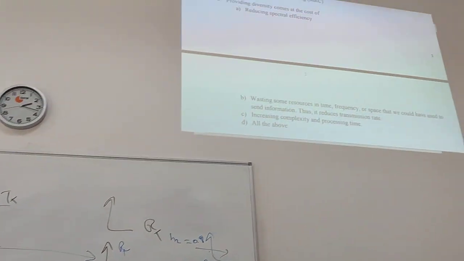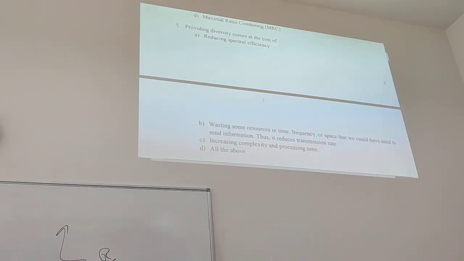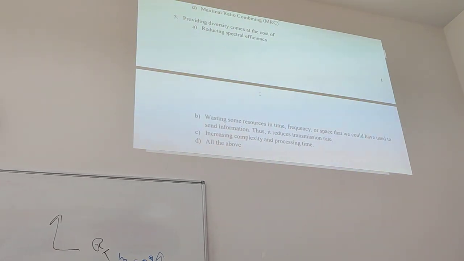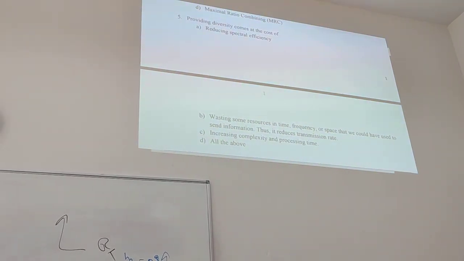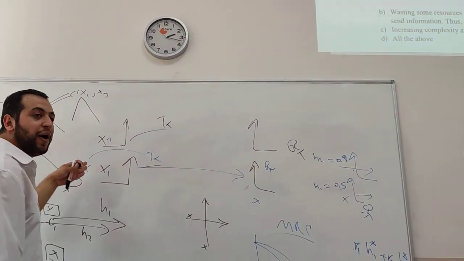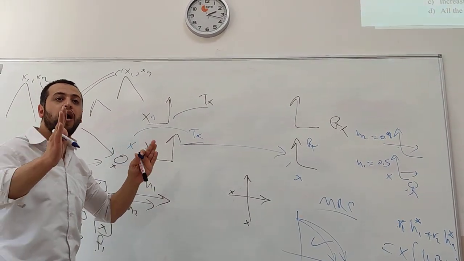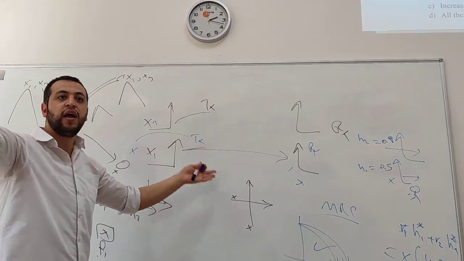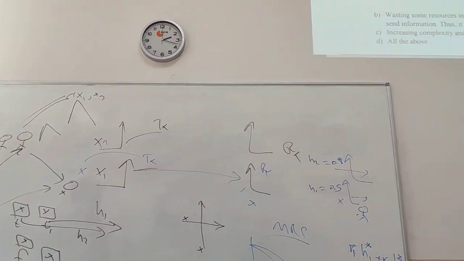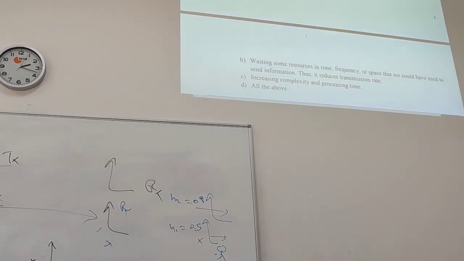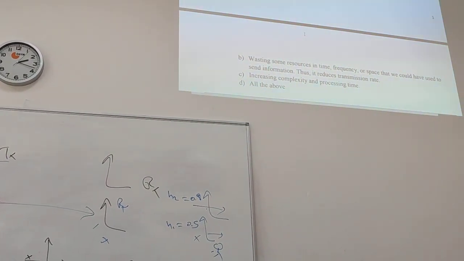The second disadvantage is wasting some resources in time, frequency, or space that we could have used. Basically, this is related to the first one, but it's strictly speaking about the resources. When we say resources in wireless communication, we mean time, frequency, space. And C, increasing complexity. Why do we have this issue?